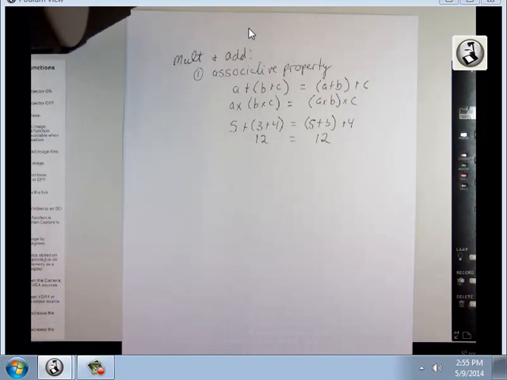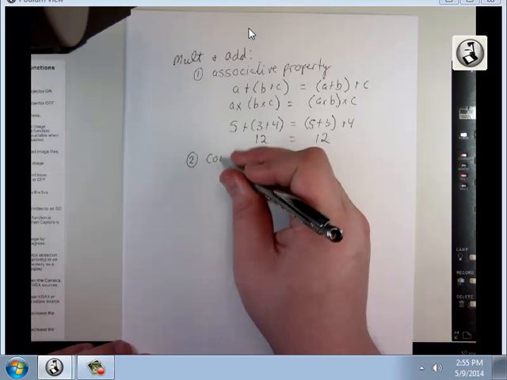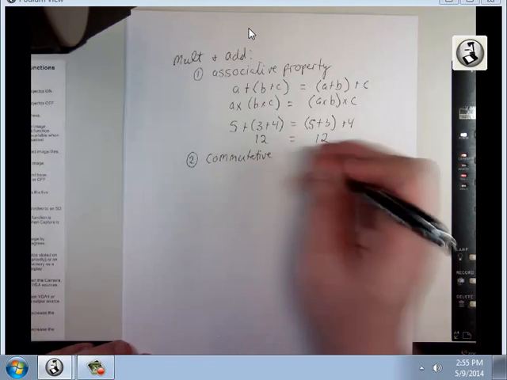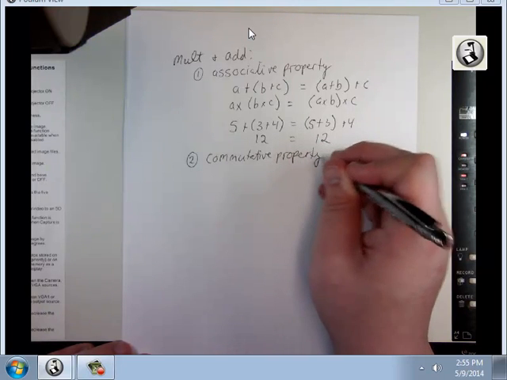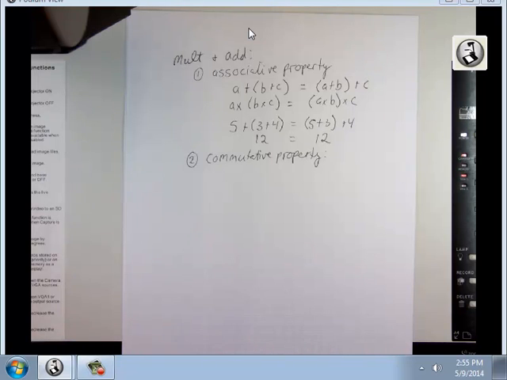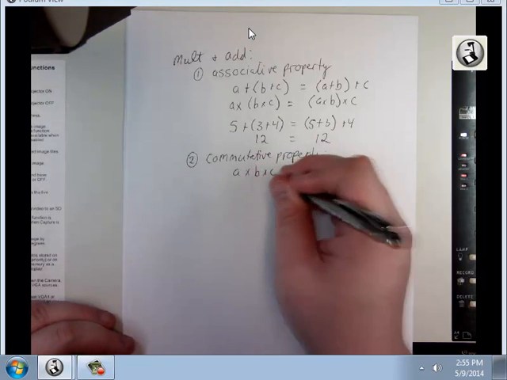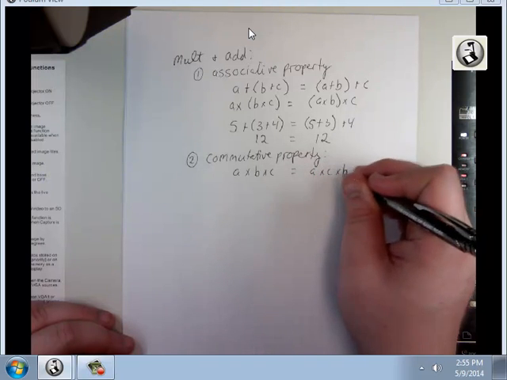The other property is called the commutative property. And the commutative property basically means that things can travel. A times B times C equals A times C times B. And the same thing with addition.